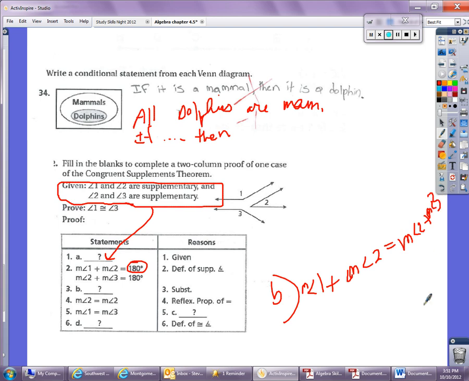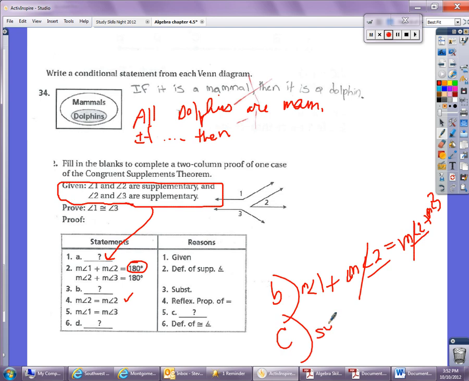The measure of angle 3. Line C would be, remember we said that this is the reflexive property because you said 2 equals 2. And then if you look in the line above that, which is right here, you have a 2 on both sides, and then all of a sudden, you don't have a 2 anymore. It's because you subtracted the same thing from both sides, and you were left with 1 is 3.